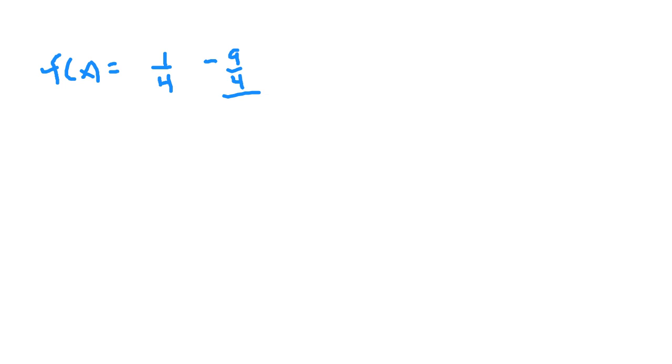Minus 9/4 over 2 factorial times x squared plus 81/4 over 4 factorial times x to the 4th.